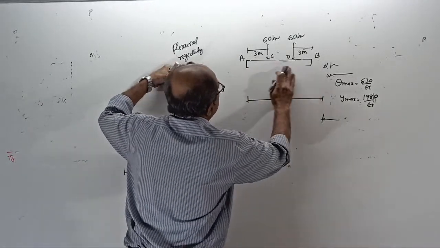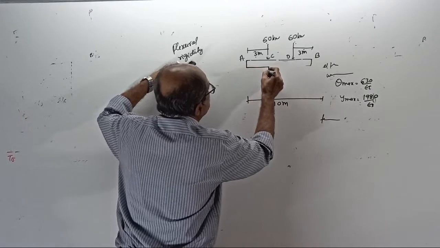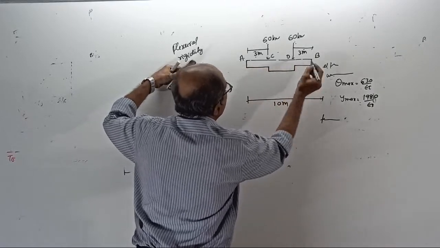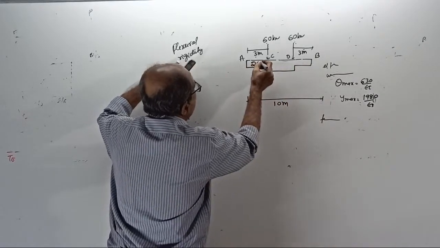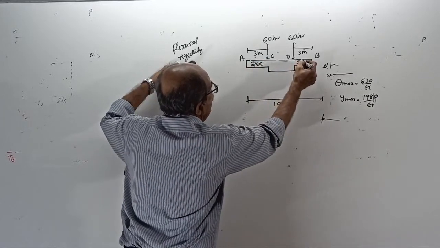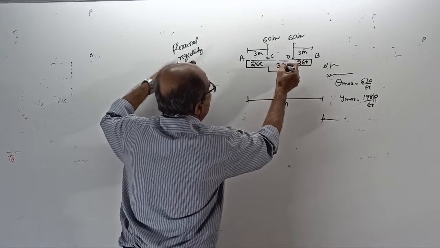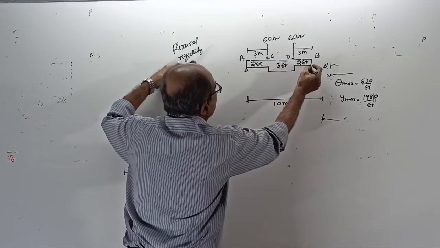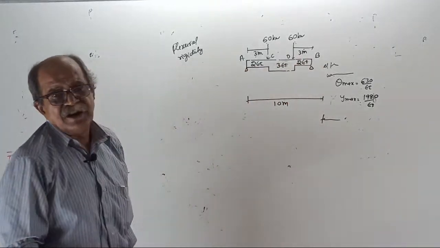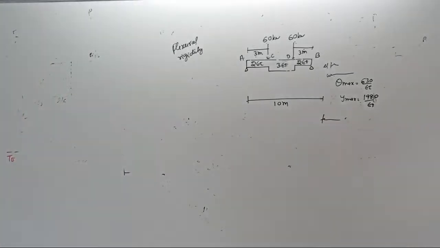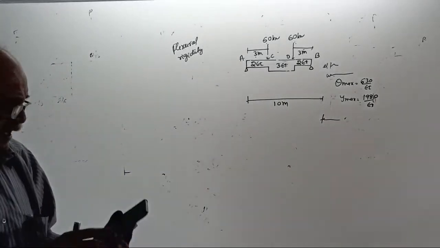That means your beam is non-prismatic like this. This is 2EI, this also is 2EI, this is 3EI. It is non-prismatic. Clear?